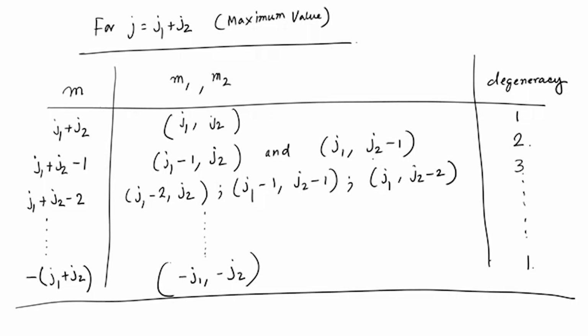So, this latter set would come not from J equal to J1 plus J2, but from J equal to J1 plus J2 minus 1. Okay, and that would actually sit at the top of the table. What I am trying to say is the following.